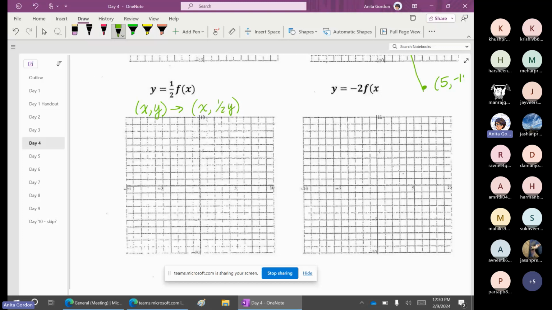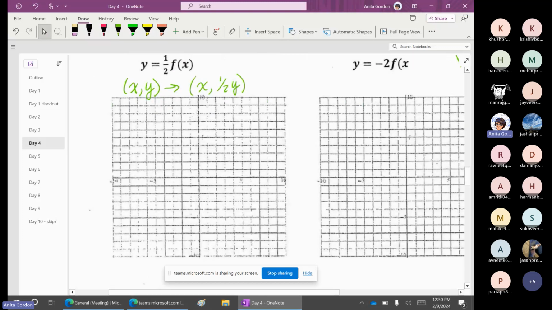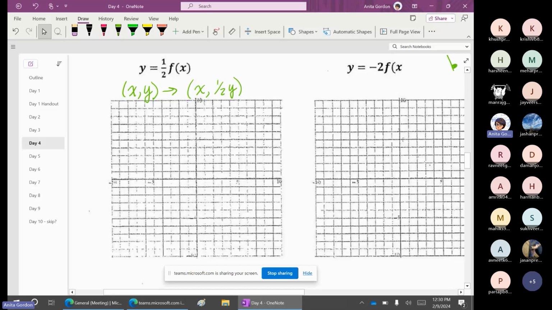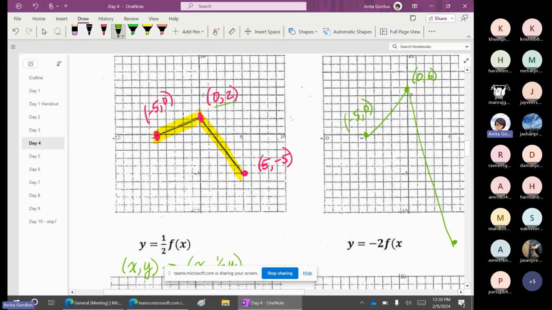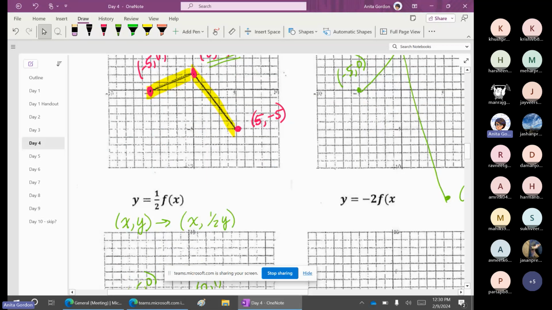Okay, rather than me scrolling up and down, can I just trust you guys to tell me where are my 3 key points? -5, 0. Then 0, 1. And compression. My original point is at 0, 2. Your y value divided by 2 would be 2 divided by 2 is 1.